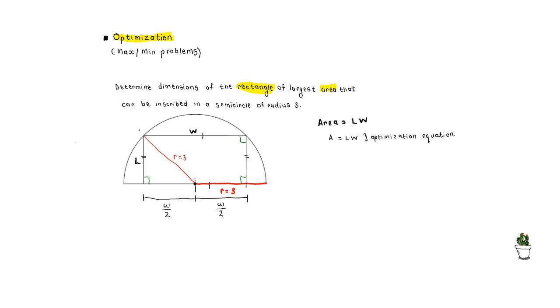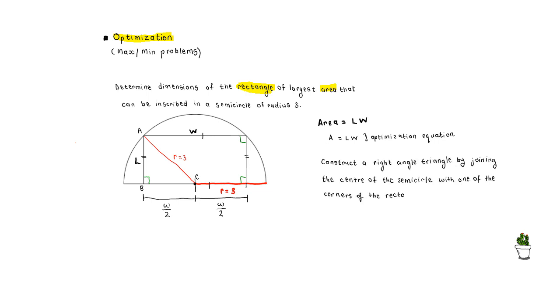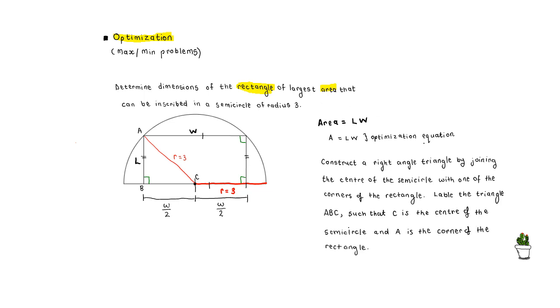We can call this triangle ABC if we wanted to, where C is the center of our semicircle. We could also write this down for the examiner, so we could say construct. It's not necessary to write this down, but if you wanted to, you can.